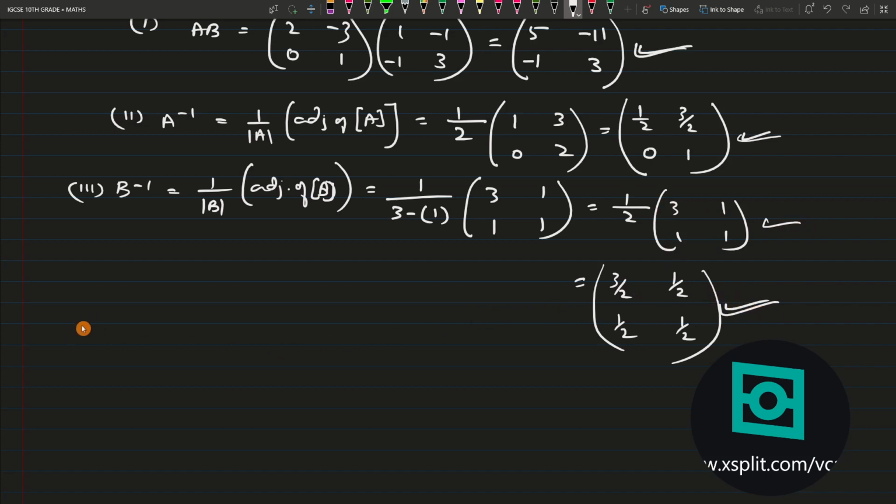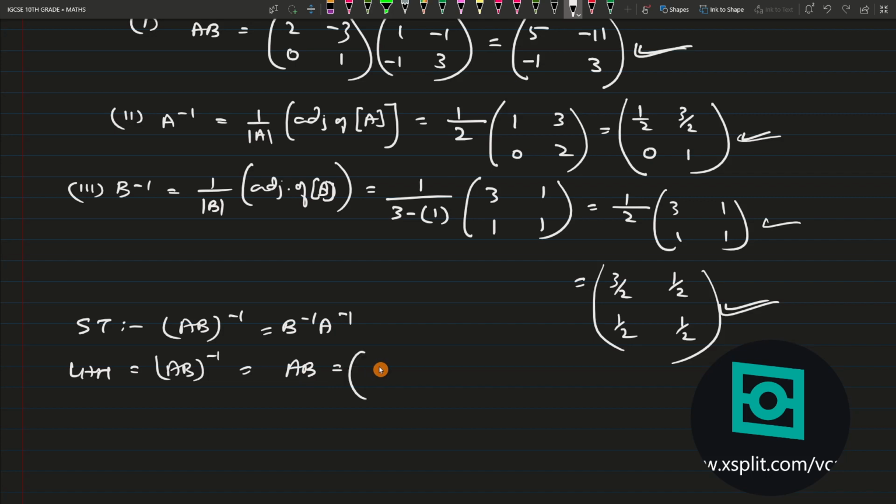Now let us try to show that AB inverse is equal to B inverse times A inverse. Okay. Now let us find out this AB inverse. Left hand side is AB inverse. Now AB inverse, how we will find out? Now what is AB? AB is 5 minus 11 minus 1 and a 3.